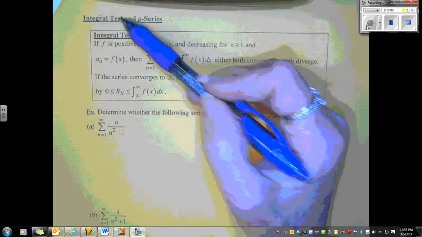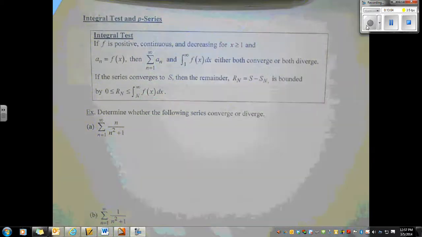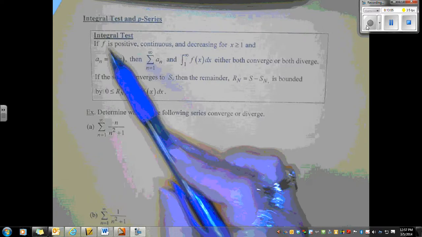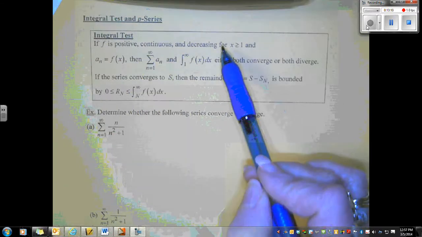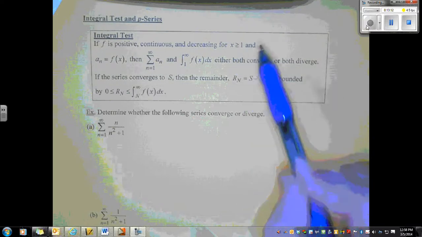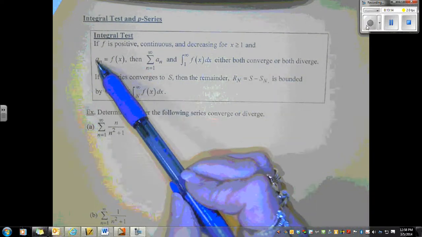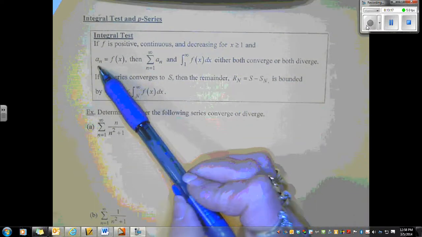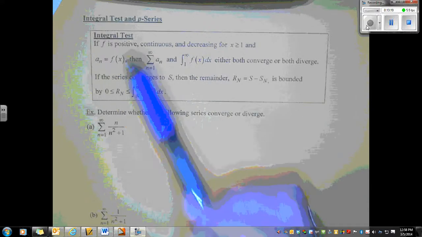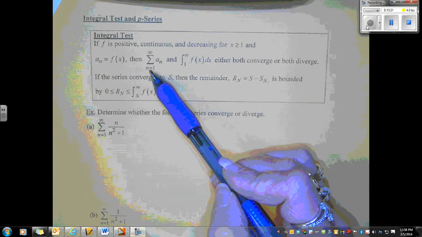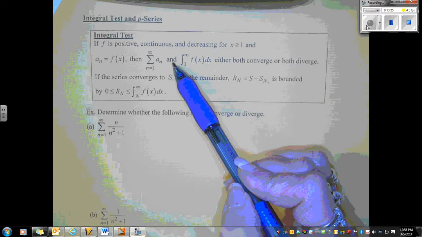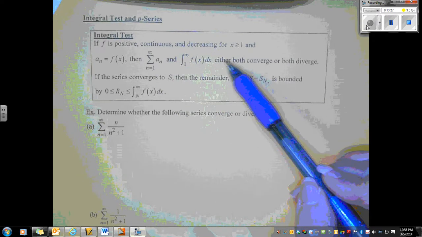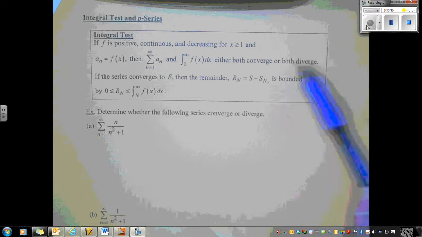Integral test and P series. The integral test. If f, my function, is positive, continuous, and decreasing for x greater than or equal to 1, and a sub n equals f of x, then if I do the sum of n equals 1 to infinity of a sub n and the integral from 1 to infinity of f of x dx, either both converge or both diverge.